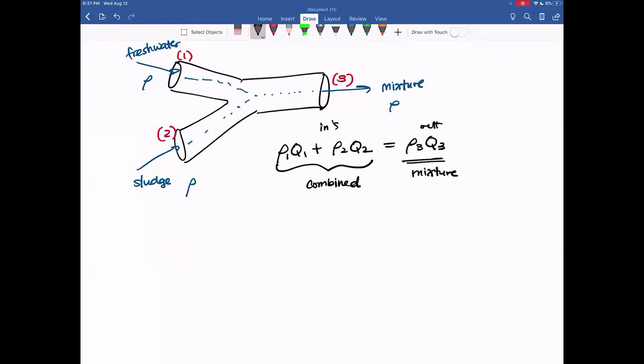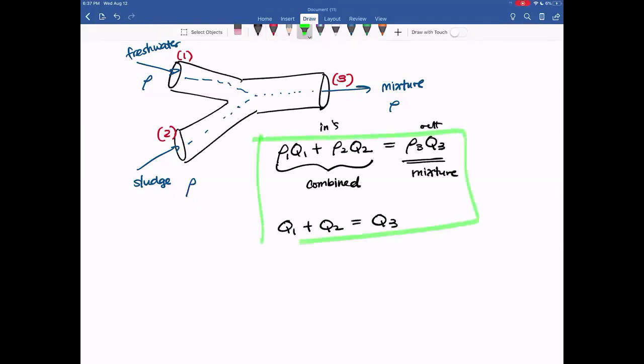So the flow rate entering, all of that flow rate is the flow rate exiting. So you also have Q1 plus Q2 is equal to Q3. You have both of these equations in this problem, okay? You can use both of these equations to solve for some unknown, okay?